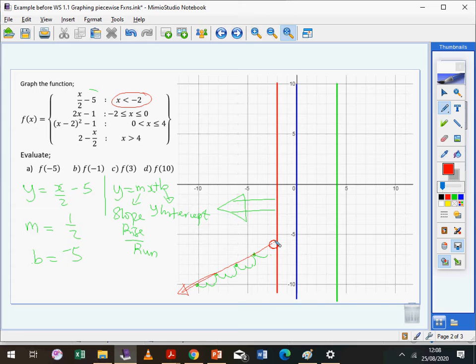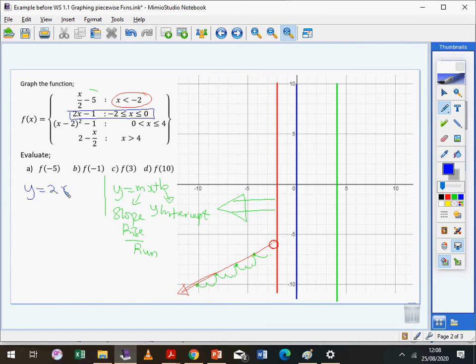The next one is this right here. Let me do it in blue. This section of the function, 2x minus 1. For that section, again, y equals 2x minus 1.